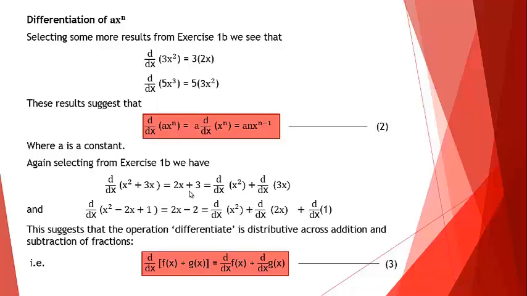So we distribute f of x plus g of x into two separate terms, and then we differentiate separately. That's why we say differentiation is distributive across addition and subtraction of functions. But this is not true for multiplication and division. So that is the third equation which we get, which can be used in exercises.